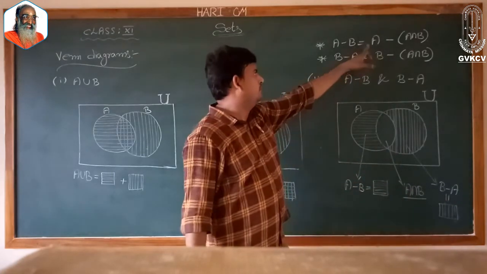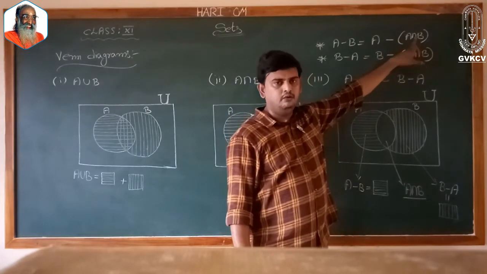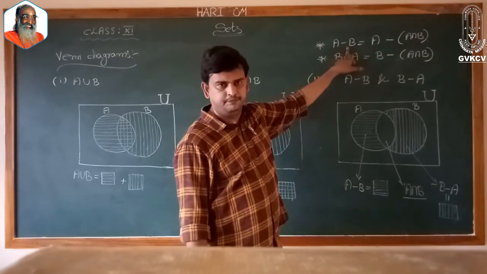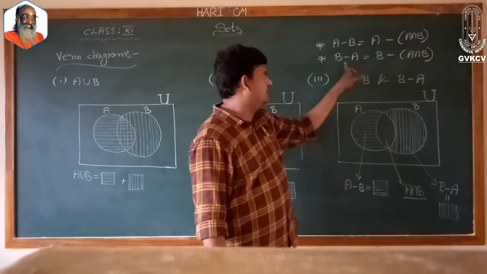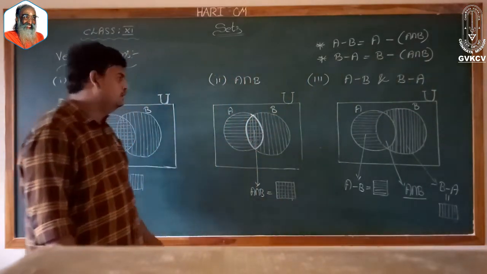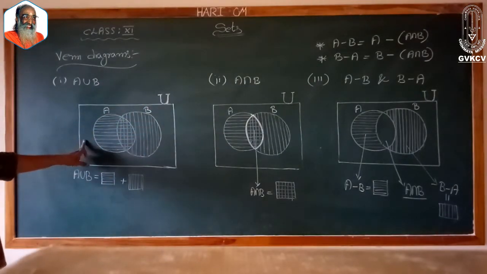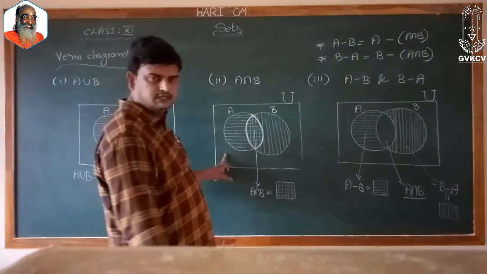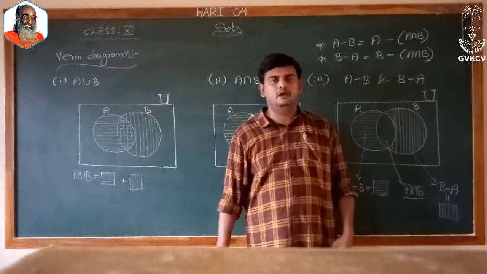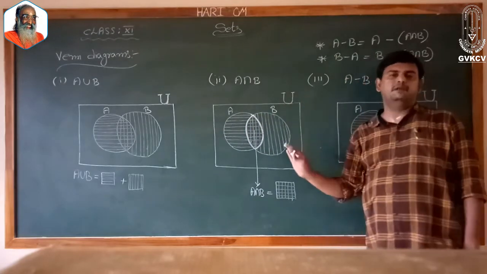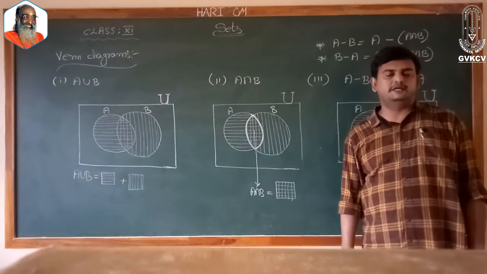So from set A, when we subtract the intersection part, we are getting A minus B. From set B, we eliminate the intersection part, we are getting B minus A. So, these are the Venn diagrams for A union B, A intersection B, A minus B, B minus A. This is a brief information on operations on sets.